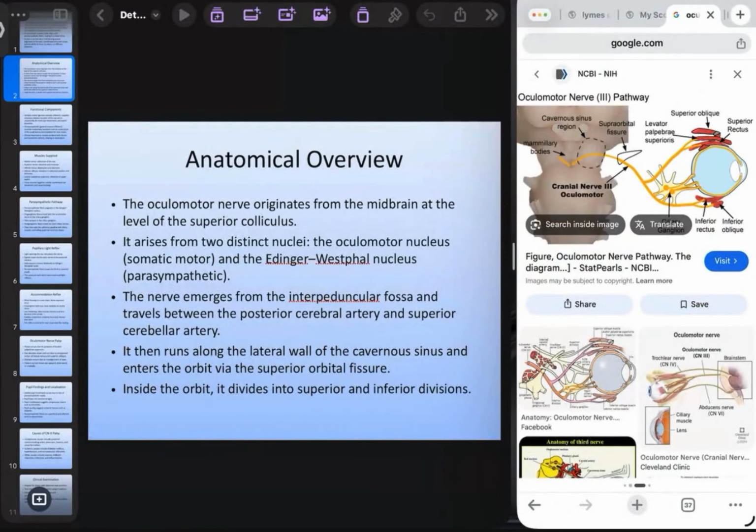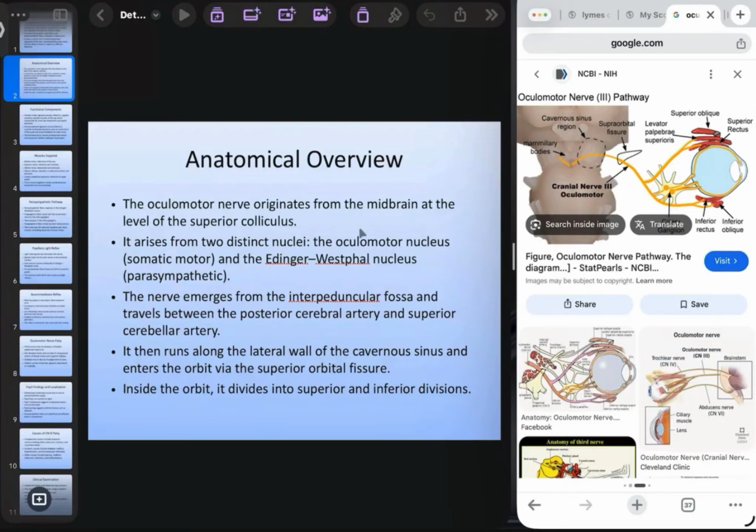It has two important nuclei, the oculomotor nucleus, which provides somatic motor fibers, and then there is the Edinger-Westphal nucleus as well. It is somewhere here. You guys can see the cursor right here. This is it, and this is also called the ciliary ganglion, and these are for the superior oblique muscles.